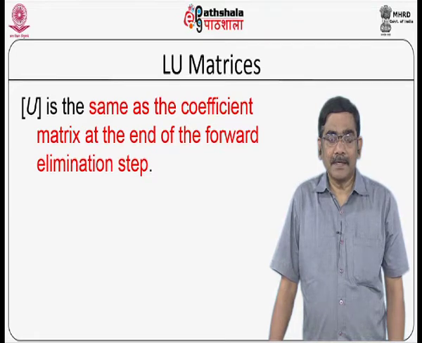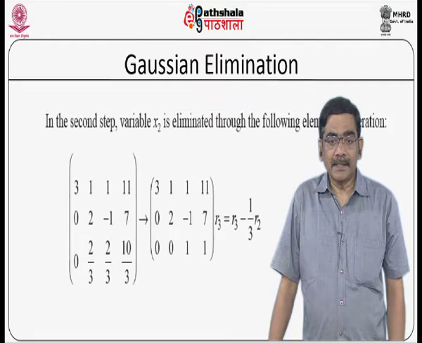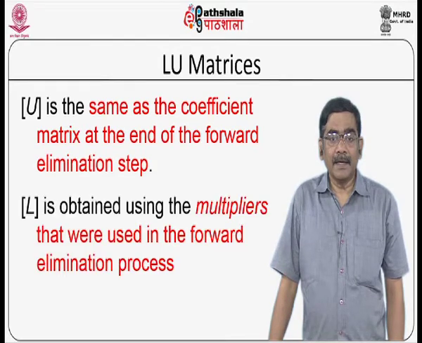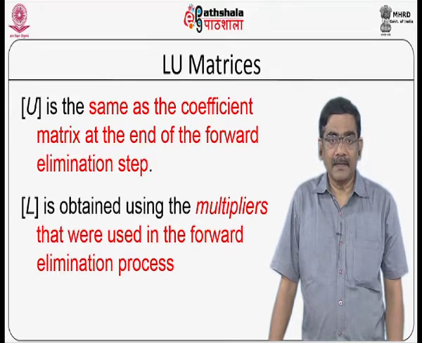So, whatever we have in the end is going to be the part of the matrix U, and L is obtained by using the values of the various multipliers that are used to eliminate the corresponding coefficients of the other equations.